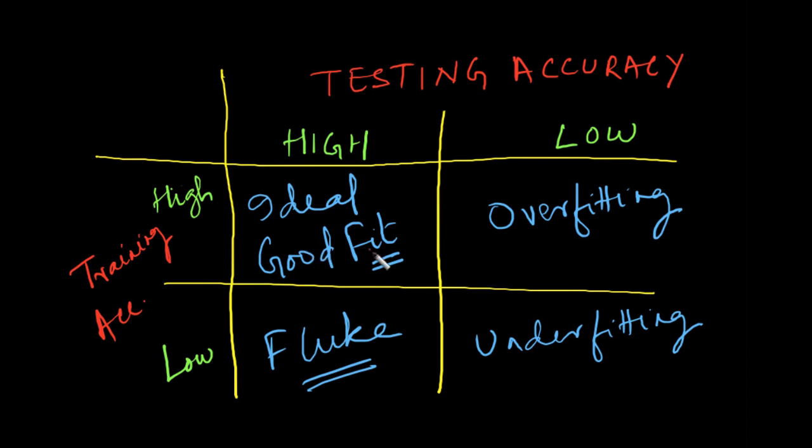is also high. How to take care of overfitting and underfitting, we are going to see in future videos, because it depends on the actual model that we are trying to use. But basically the way to take care of overfitting is to either reduce the complexity of your model or use what is called regularization.